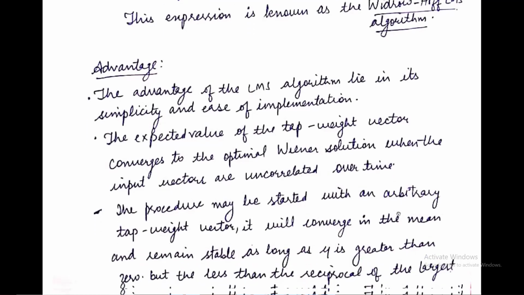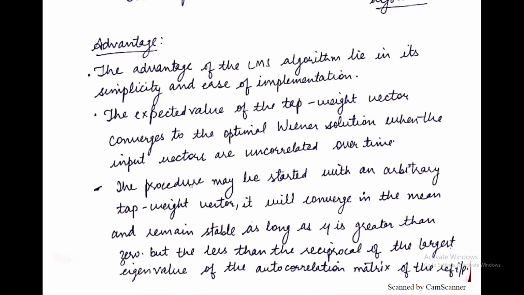Another advantage is that the procedure may be started with an arbitrary tap weight vector and it will converge in the mean and remain stable as long as mu is greater than 0 but less than the reciprocal of the largest eigenvalue of the autocorrelation matrix of the reference input. So this is one condition, and by this we can achieve an optimal adaptive filter.